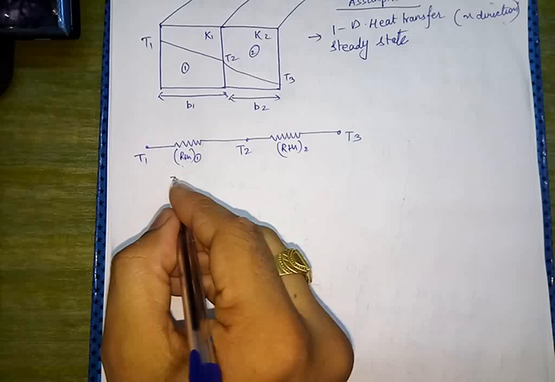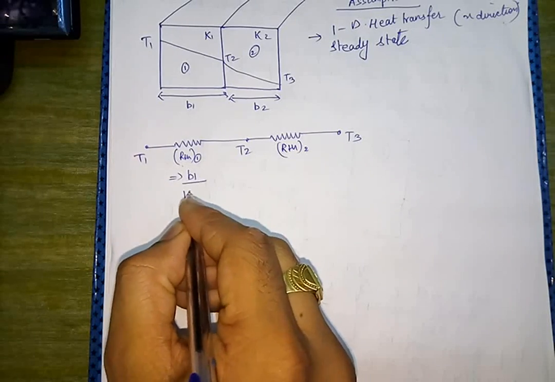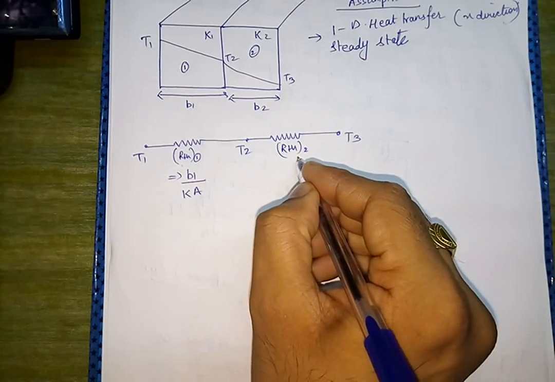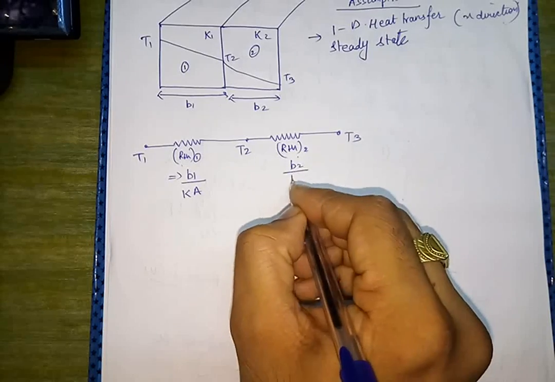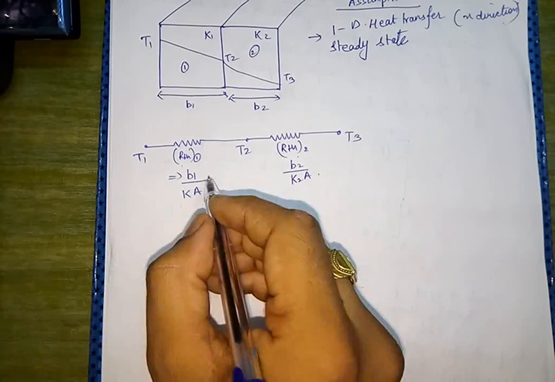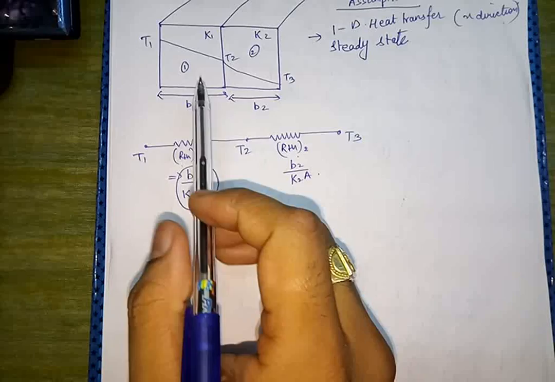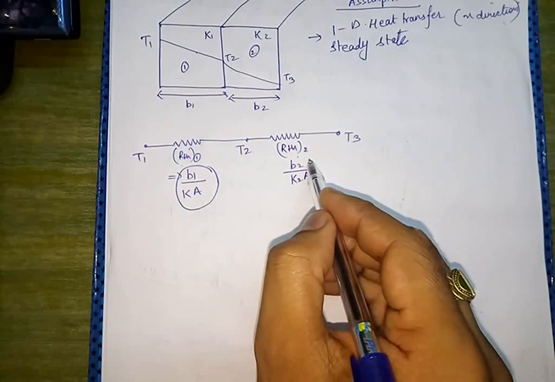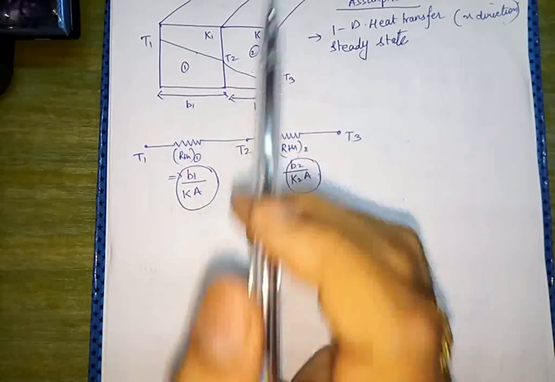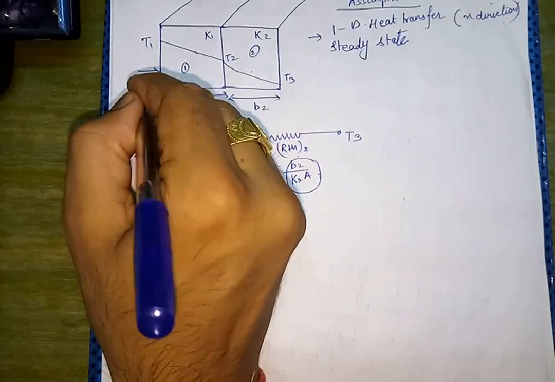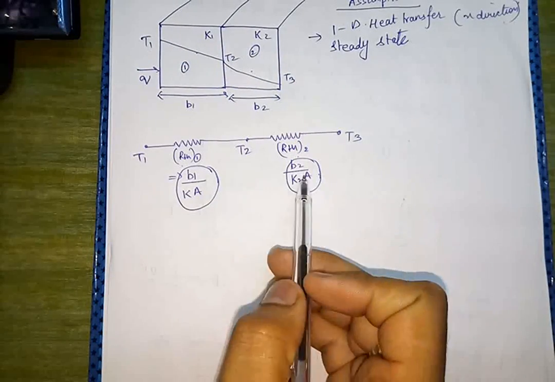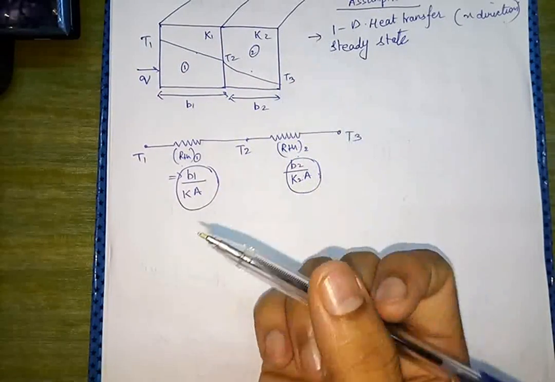So RTH1 becomes B1 upon K1A, and RTH2 becomes B2 upon K2A. This is the thermal conduction resistance corresponding to this slab, and this is the one corresponding to that slab, and heat is being transferred like this. A is the area which is common to both, which is very simple.